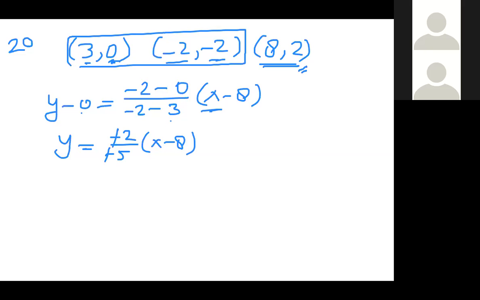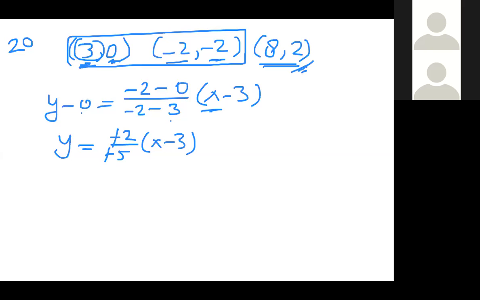Sorry, x1 is 3, I had written 8. x1 is 3. Now, after putting this point, if it satisfies, then very good. If it is not satisfying, then something is going wrong.